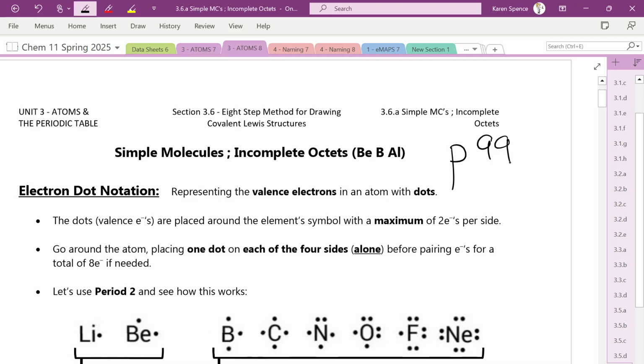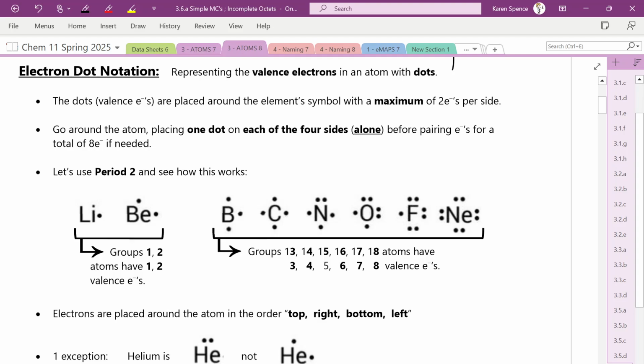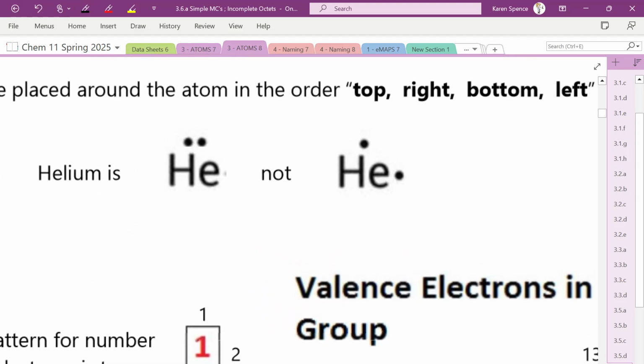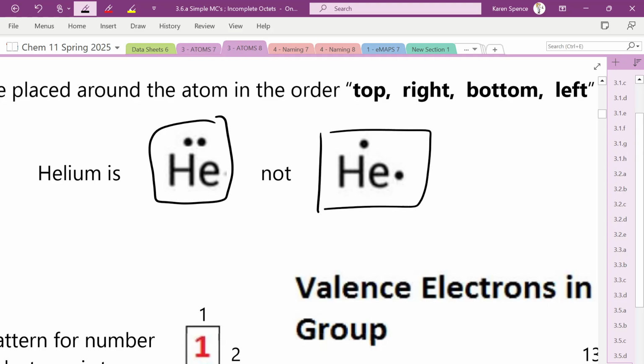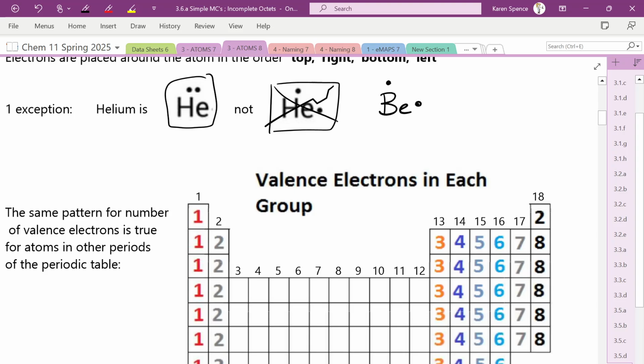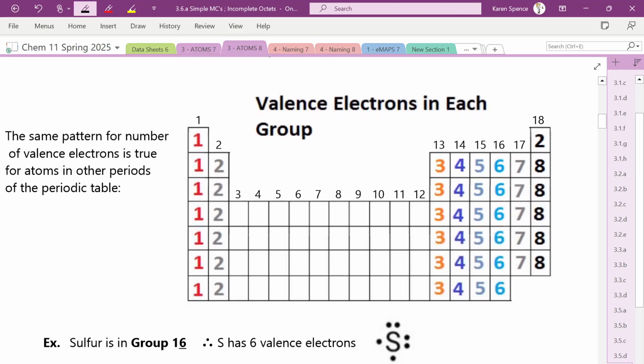So page 99, you need to know how many electrons there are in every group, but you already know that, yes? Remember that helium has them together, but if you have beryllium, they would be separate, okay? There's nothing really new here. Valence electrons in each group: group 1, 2, 13 has 3, 14 has 4, 15 has 5, 16 has 6, 17 has 7.